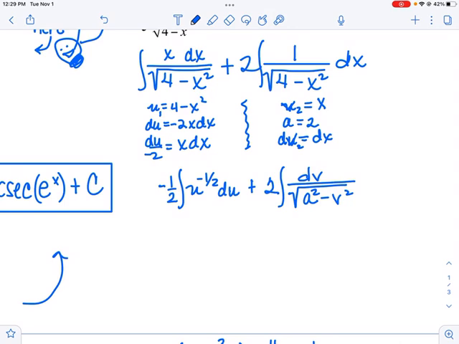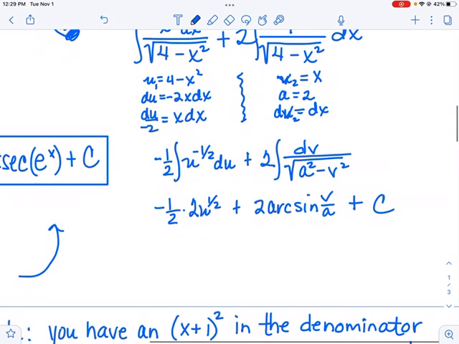All right, so then we have negative 1/2 times this integral. When we take the antiderivative, we're going to get 2u to the 1/2. And then we have plus 2, and this is going to be the arc sine. So we have arc sine of v over a, and then plus c. So when I continue this, then I can back substitute. Remember, this is a positive square root. The 2's cancel here.